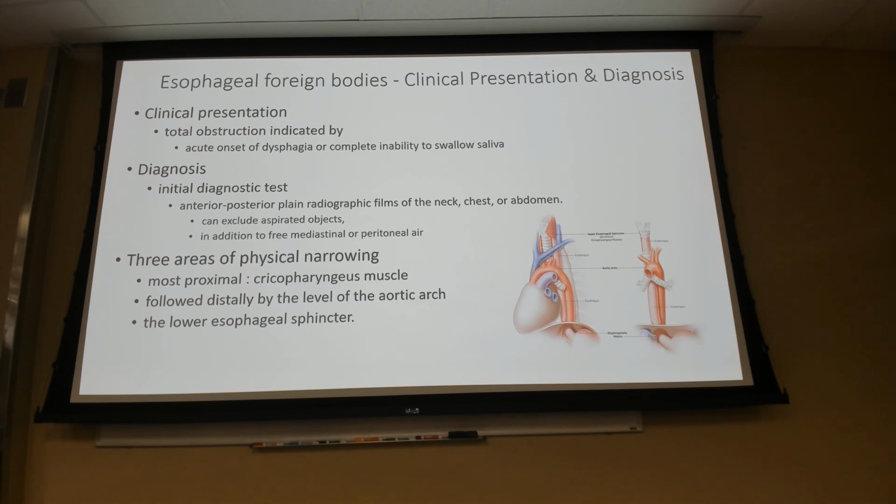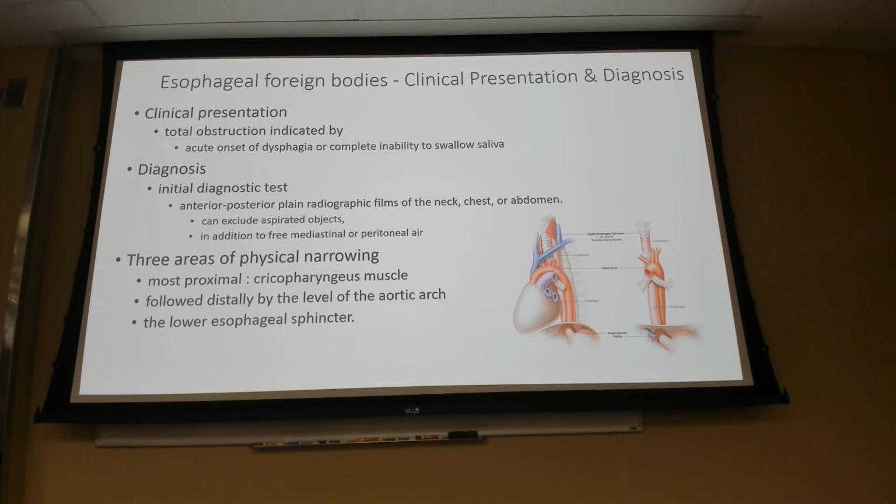But things to consider when they swallow objects are where the physical narrowing is. Most proximal is your cricopharyngeus muscle, which we just talked about, where you get your Zenker's diverticulum. Then distally, the aortic arch and the lower esophageal sphincter are the narrowing points where objects may get lodged in the esophagus.